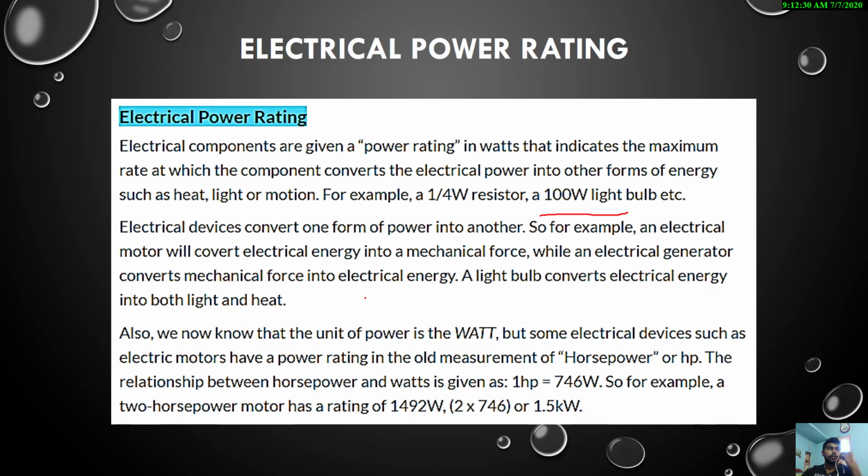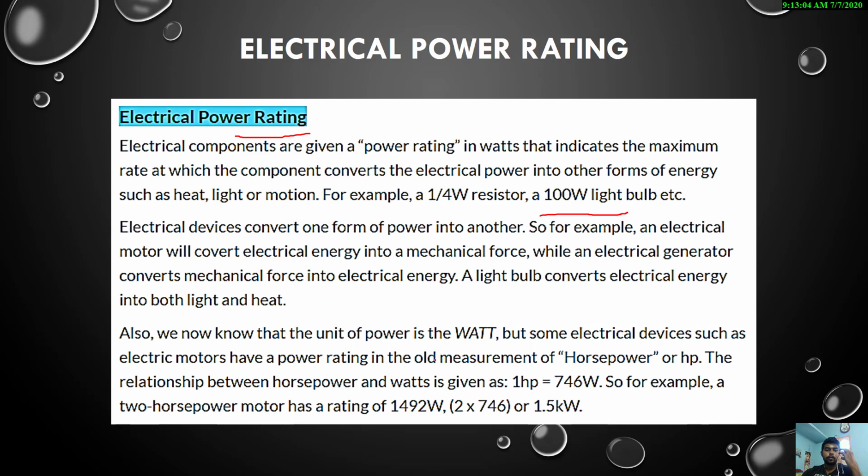Based on the power rating, we can calculate the energy consumption of the particular device or lighting system. Based on the consumption, we are allotted energy bills from the TNEB. This is about the importance of electrical power rating.